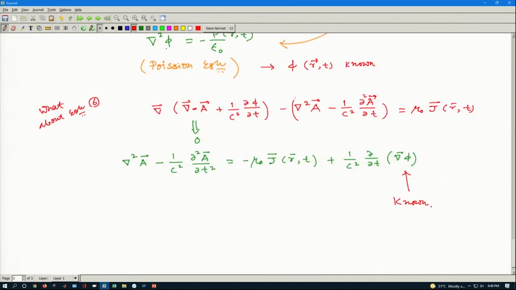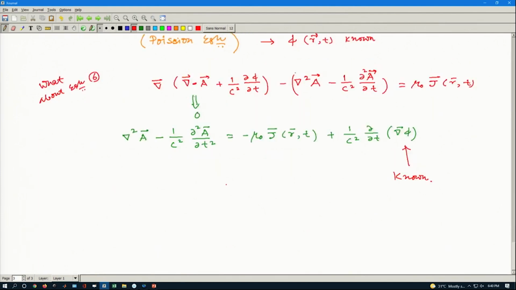You can calculate your phi by the Poisson equation, then you put this phi in equation 6, and then you solve for A, and now your A and phi are known.